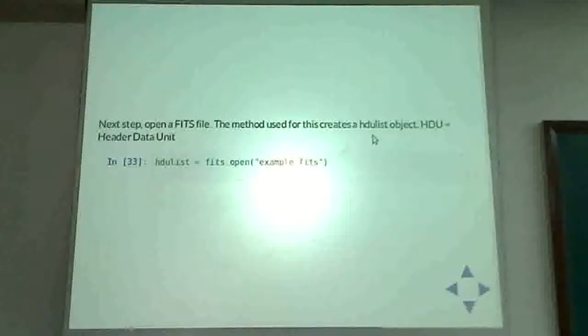So now HDU list is a list of extensions. Even if the file contains just one extension, it will still create a list, which means you still have to say HDU list 0 to access that extension.